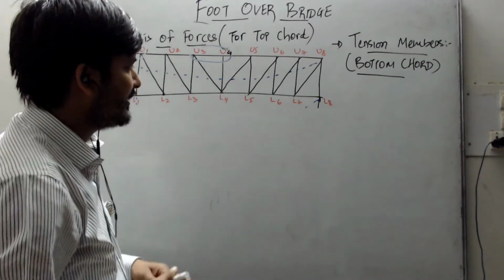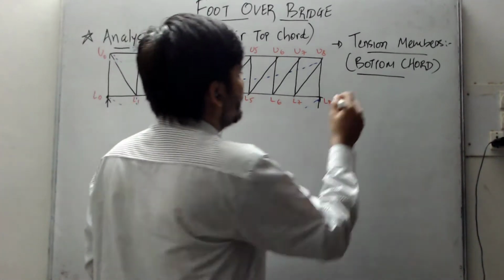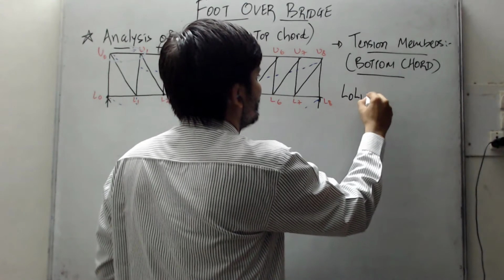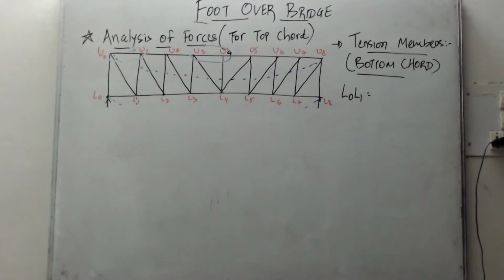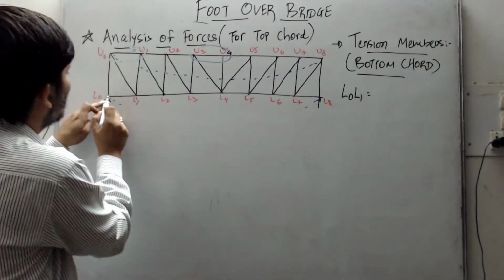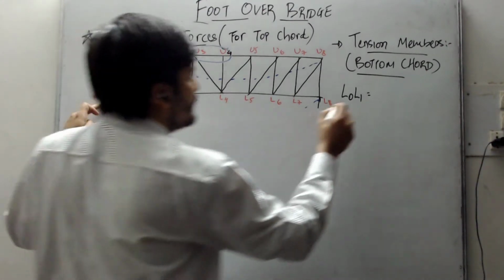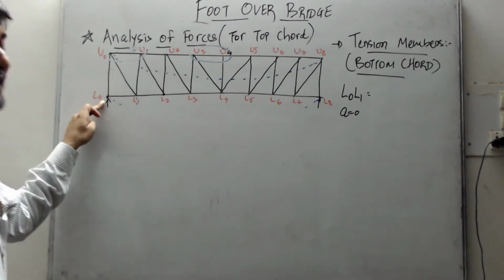Alright, so first let us start with the force in member L0, L1. The formula will remain the same, right? For L0, L1, the opposite joint comes as U0. So your A will become 0, because the opposite end is 0.